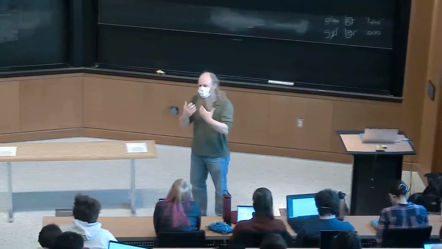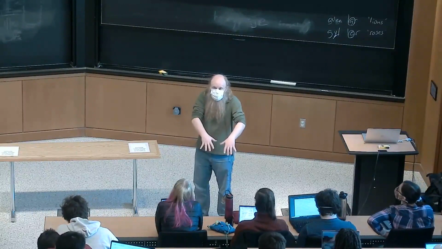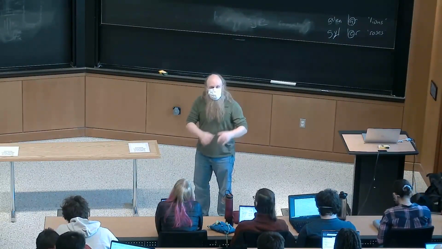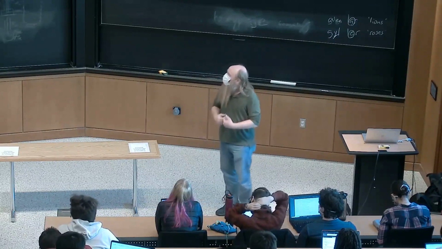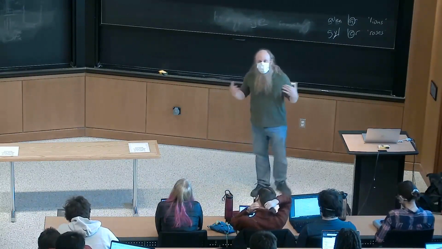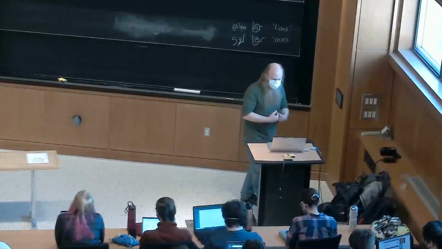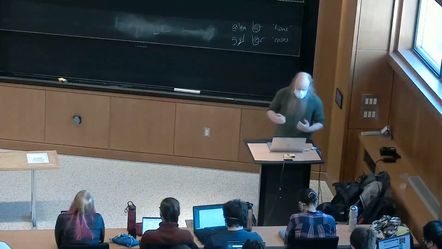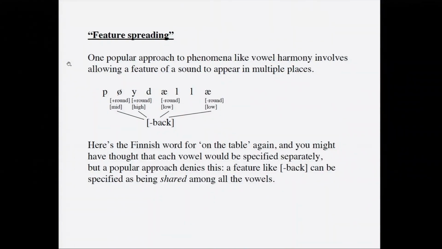You just have to say once for the whole word, these vowels are front. And then there's this thing about, oh, I don't like certain kinds of vowels. So those vowels get to be specified. But words just specify whether they're front words or back words. You don't specify it over and over again from one vowel to the next. This is one popular way of talking about how we want to do vowel harmony.